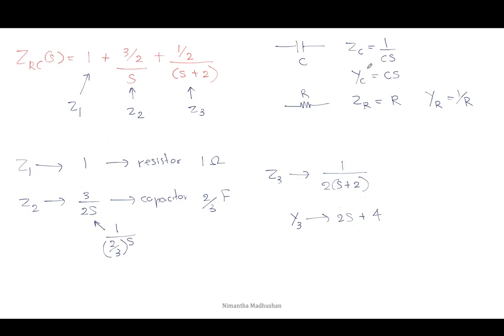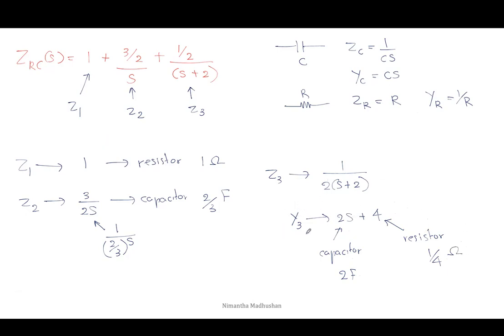Then it is similar to the admittance value of a capacitor. This is a capacitor and the value is 2 farad. And when I consider this part, it is equal to a resistor. There are no S terms. Then the value is 1 over 4 ohm.